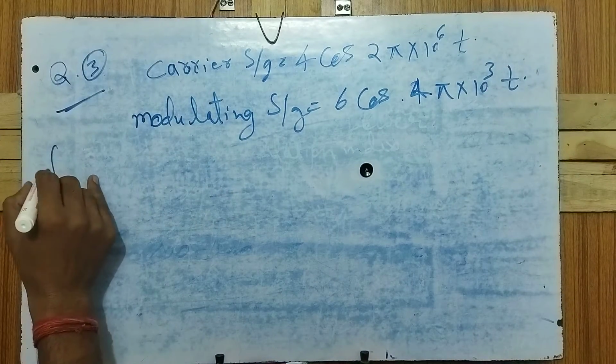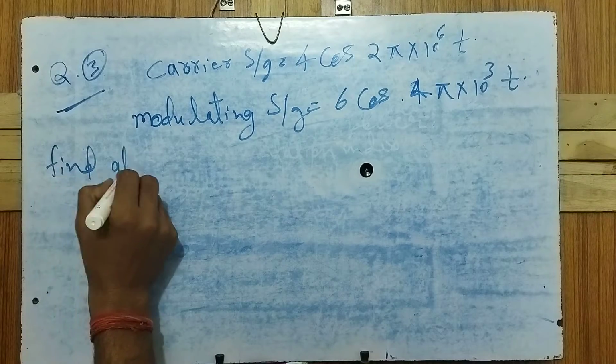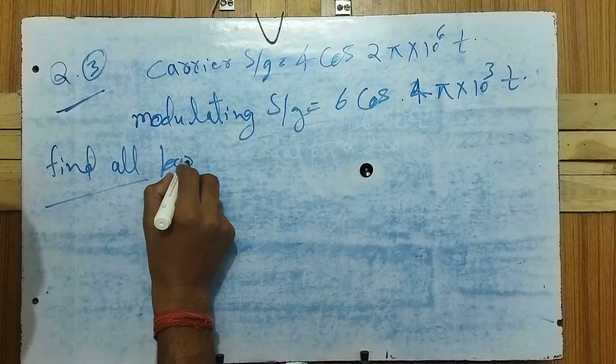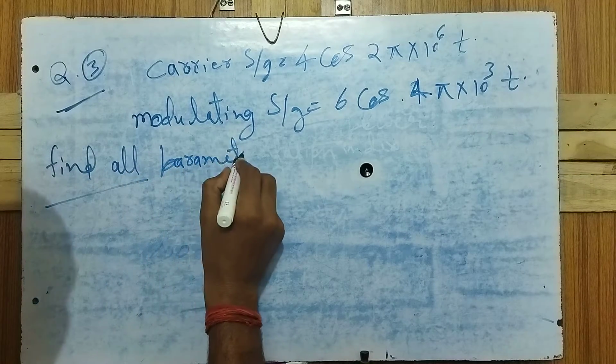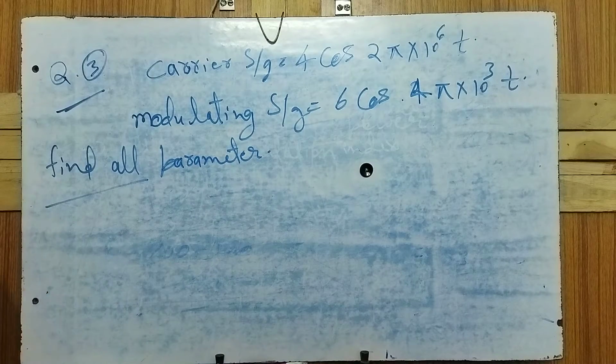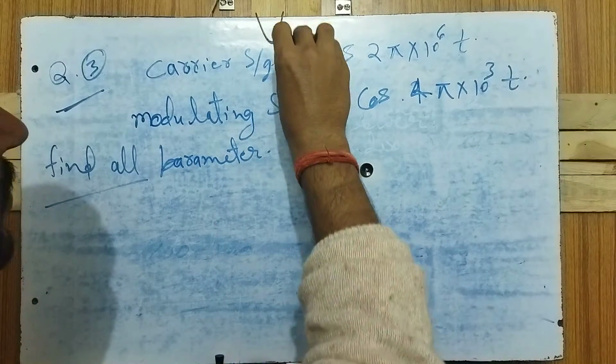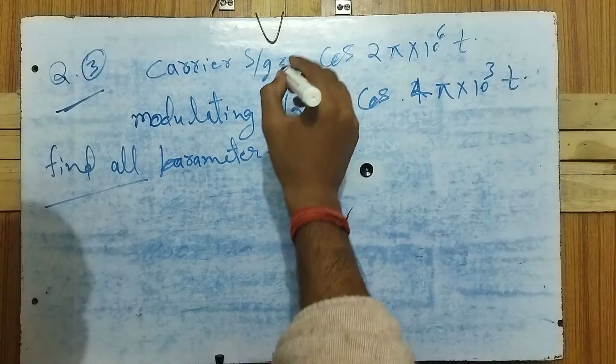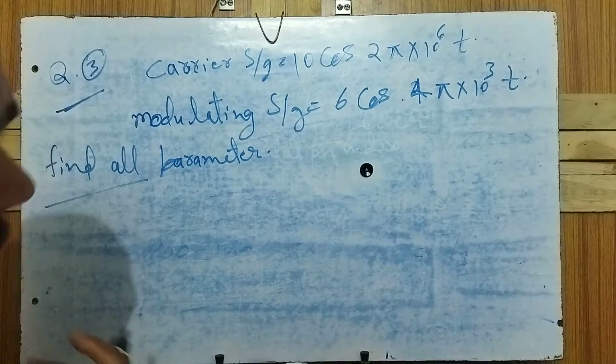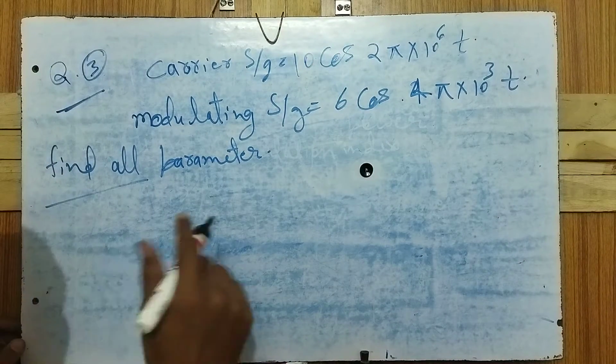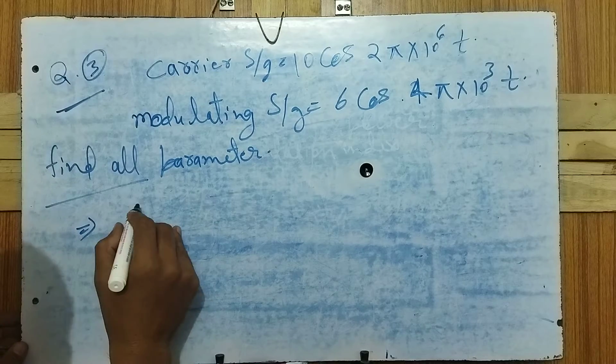Then find all parameters. To solve easily, we can write it as 10. Right? Solve.